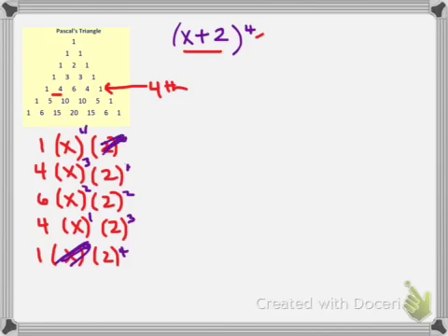To find out what this is actually equal to, we need to multiply each thing. So that's 1 times x to the fourth, which is x to the fourth power. This second row, we have 4 times x cubed times 2 to the first, which is 8x cubed.